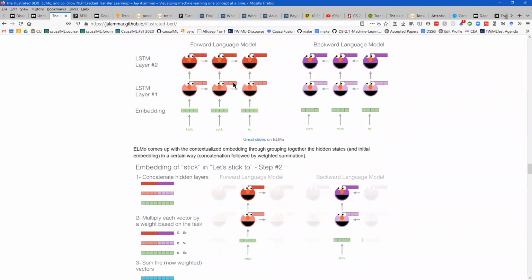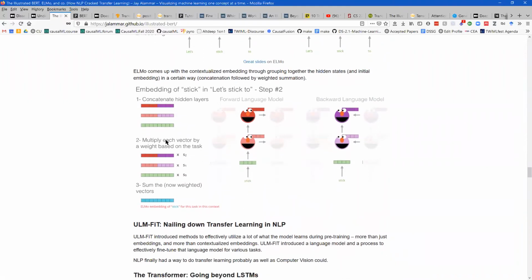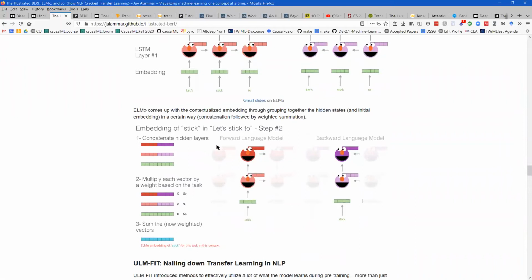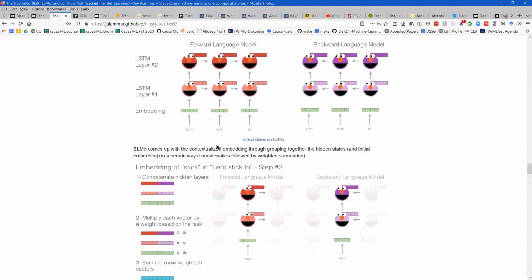And then the hidden states from the first LSTM layer are combined with the hidden states from the backward model LSTM layer 1, and that's this light red and light purple. The original sentence is in green. And then, yes, I believe the task is just language model: predict the next word.